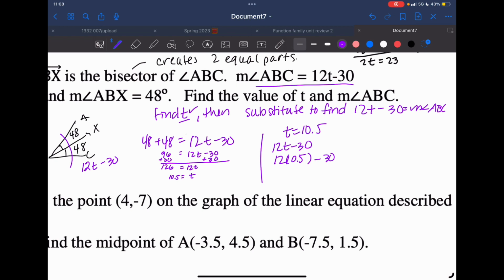Excuse me, 12 times 10.5 is going to be 126, and then 126 minus 30 equals 96. So again, the measure of angle ABC is 96.